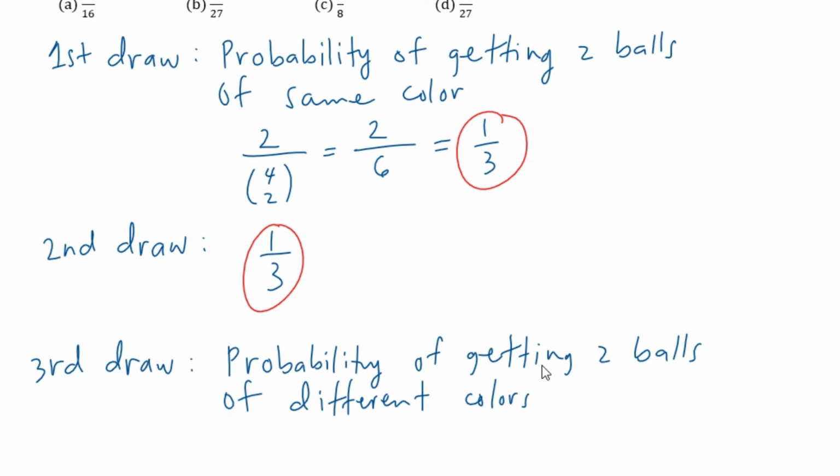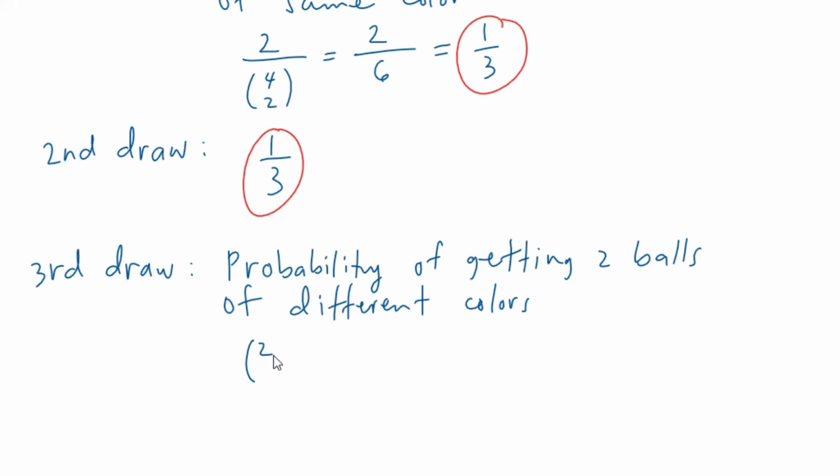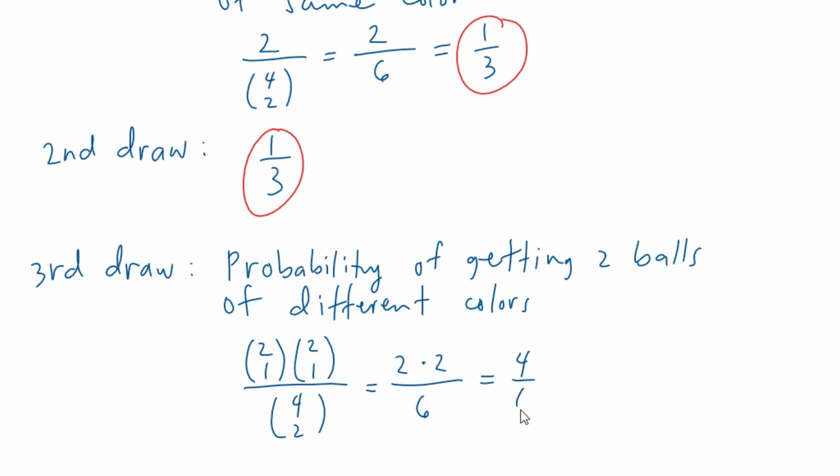And that is just 2 choose 1 times 2 choose 1 divided by 4 choose 2. This is equal to 2 times 2. So 2 choose 1 is 2 times 2 choose 1, which is also 2, divided by 6. This is equal to 4 over 6, which is equal to 2/3.